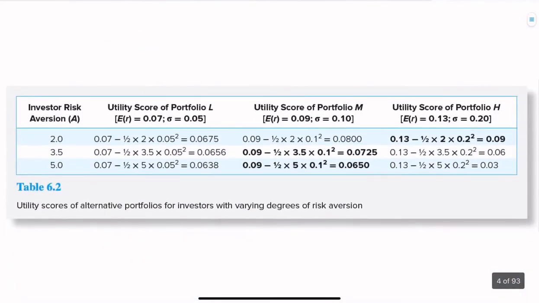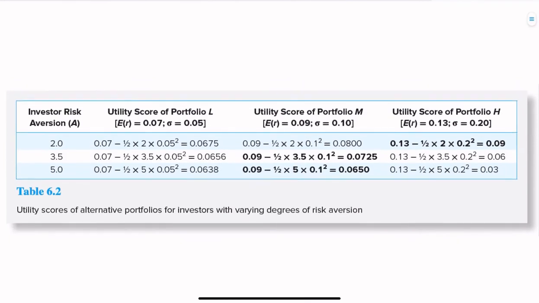Okay, as I said, after defining the utility function, we could actually measure the attractiveness of different portfolios. So let's see, now we have 3 different kinds of portfolios: portfolio L, portfolio M, and portfolio H. And you can see that from L to H, their return increases and their volatility also increases, right?